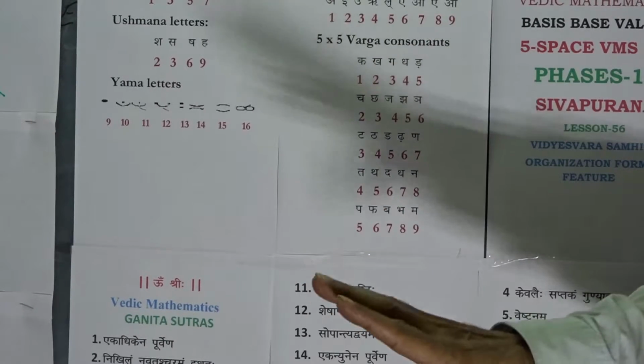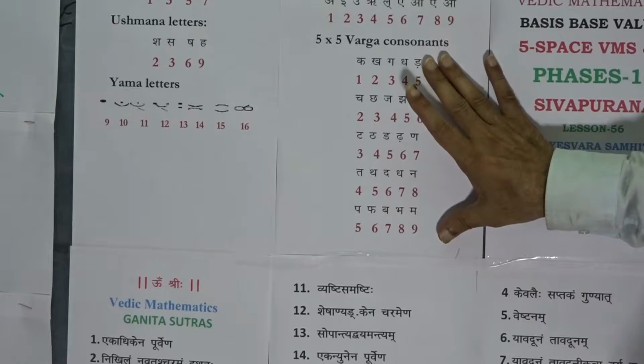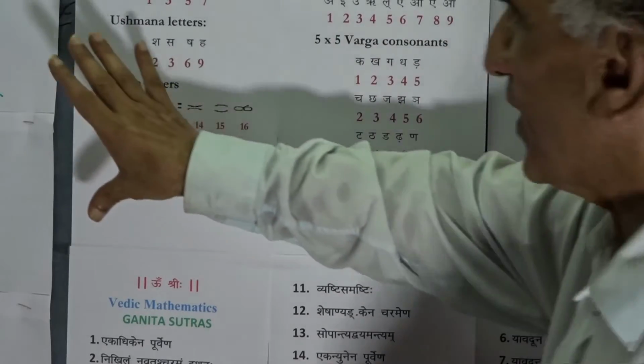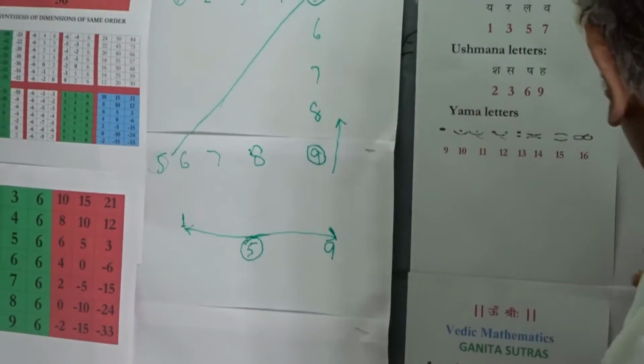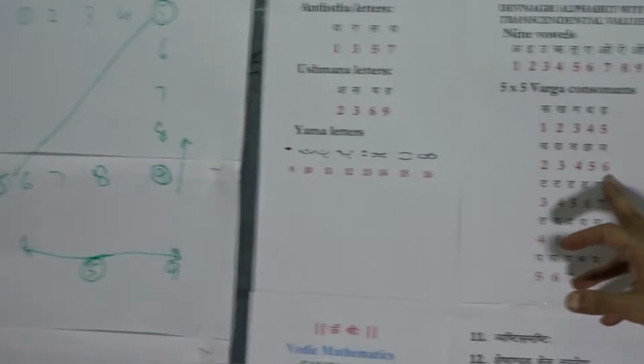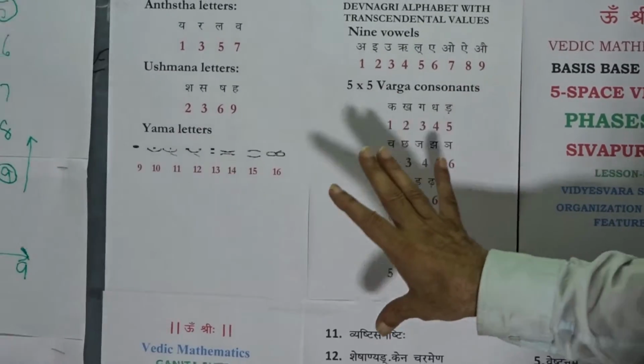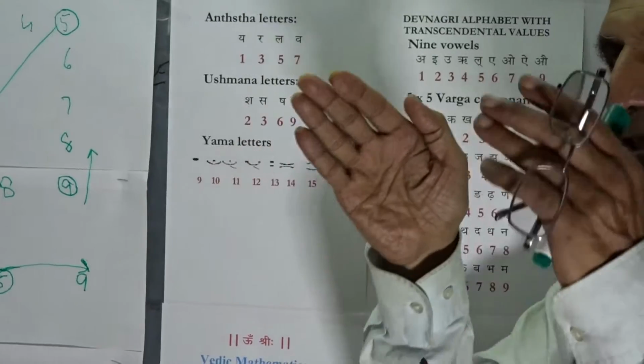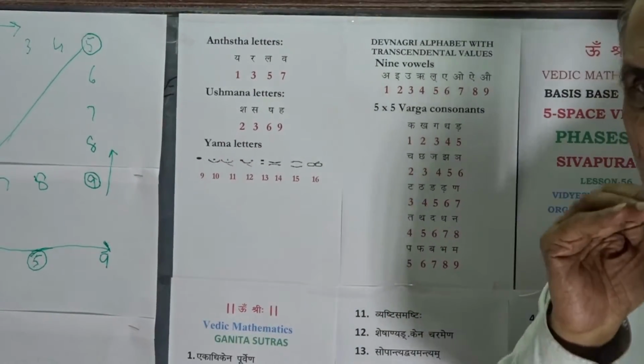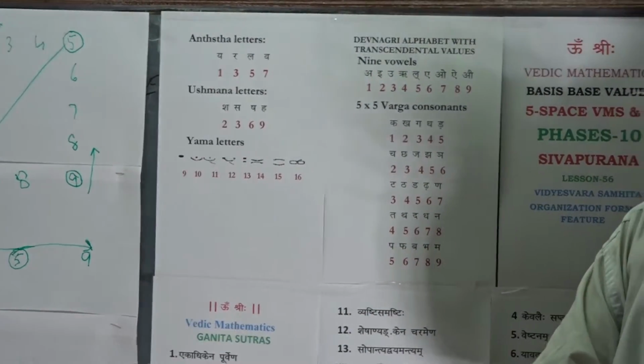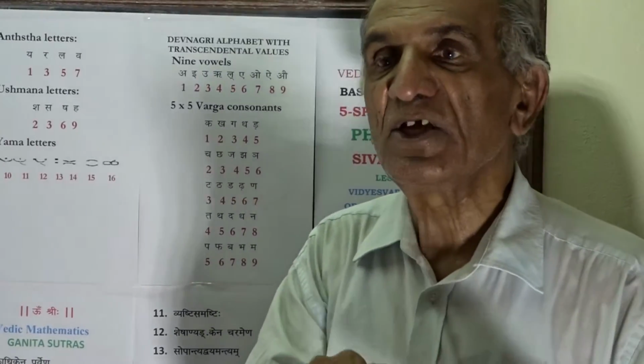That is why this 5 cross 5 Varga consonants with this 5 cross 5 grid of the transcendence ranges makes a particular format, and it is this format which is being availed for the organization of the Videshwar Samhita.